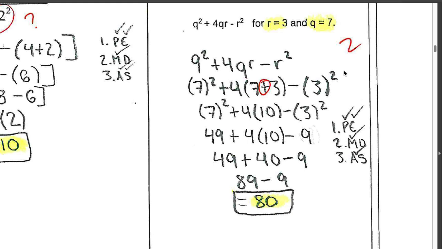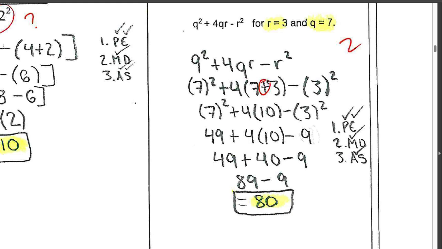Let's take a look at this work. The student wrote down the problem, substitutions are correct. You even wrote out the order of operations, PEMDAS, and right here, I circled that because when they're substituting, R is at 3 there and Q's at 7.